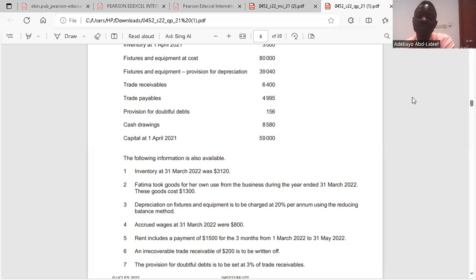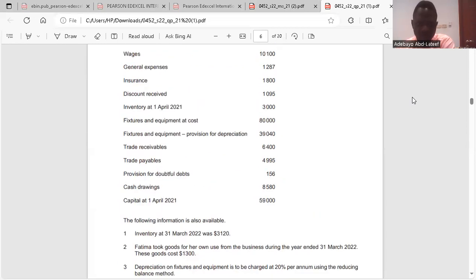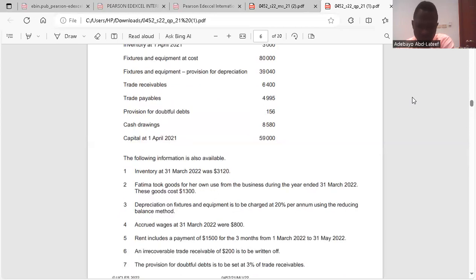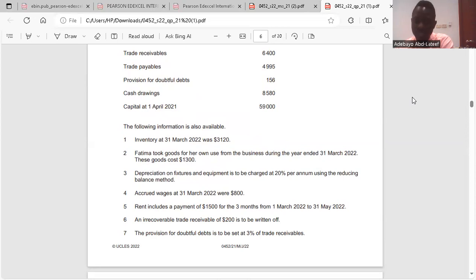Then we go to provision for doubtful debts. Here they said 3% of trade receivables. Our trade receivables are 6,400, minus the irrecoverable debts of 200, which gives us 6,200. So 6,200 multiplied by 3% gives us $186.